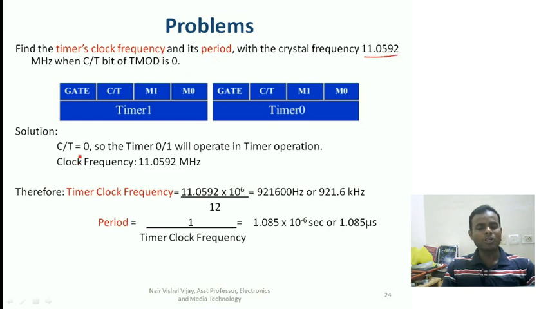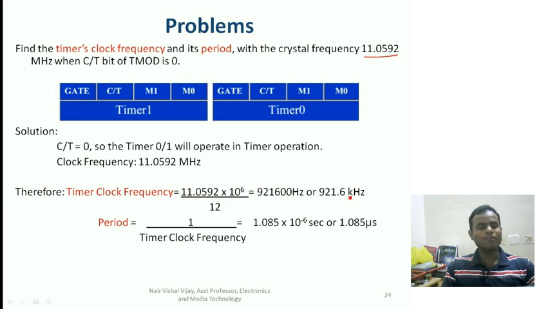A timer operation always will have a timer clock frequency which is the clock frequency divided by 12. So your clock frequency is given as 11.0592 times 10 to the power 6. If you divide by 12, you get 921,600 hertz, that is 921.6 kilohertz. And each period, now what is a period?